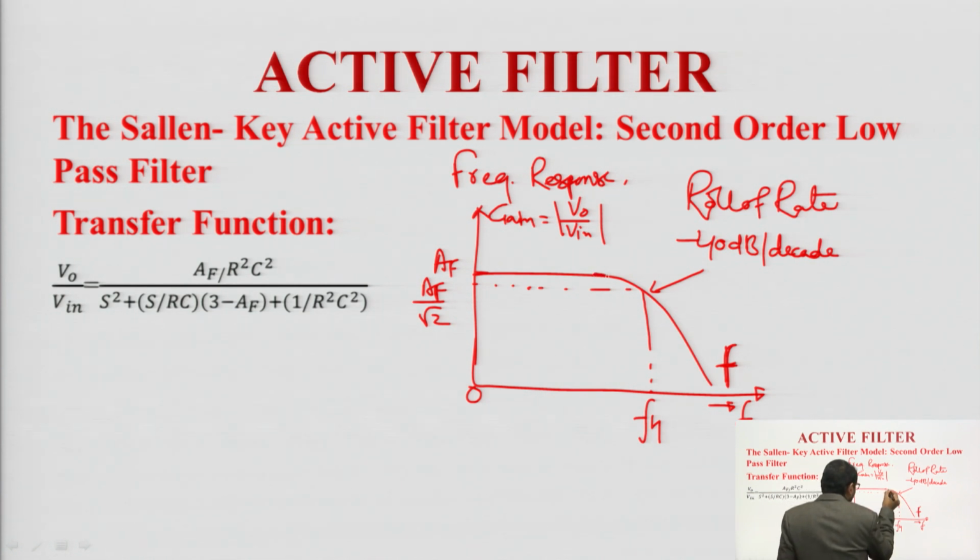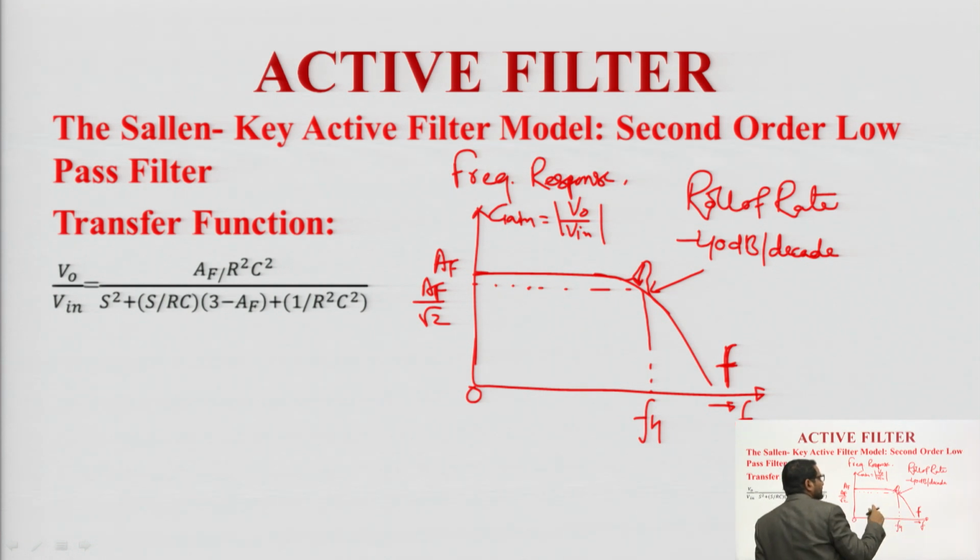One peak will appear at the cutoff frequency f_H, and alpha will decide how to minimize this peak.